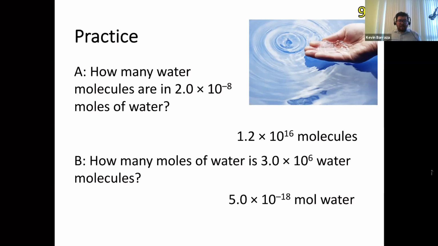And this is an example of the grains of sand versus moles of sand issue. Notice how just the English language makes it a little bit weird. Because what are the individual things that we're counting in this practice A? We're counting water molecules, right?